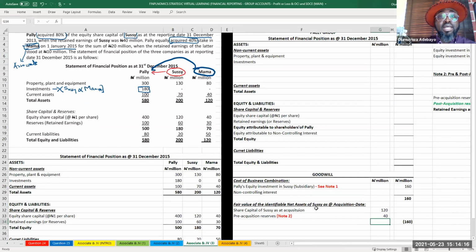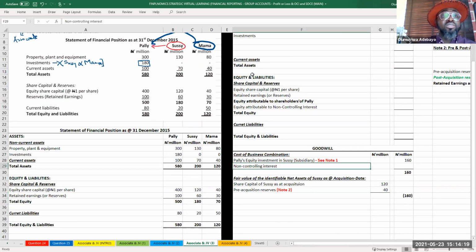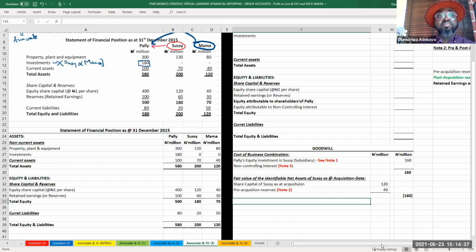Okay. Now the next order for us is non-controlling interest. How is it being measured? We need access to note 3. Note 3.